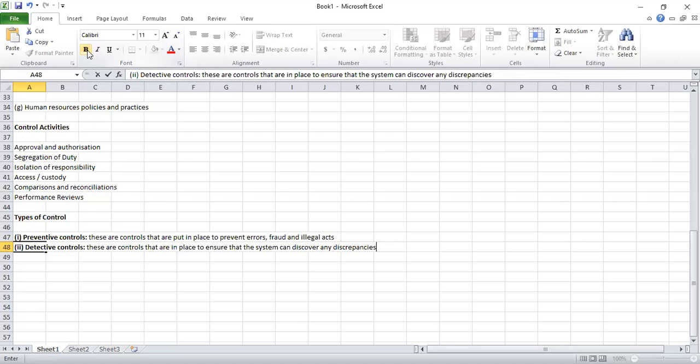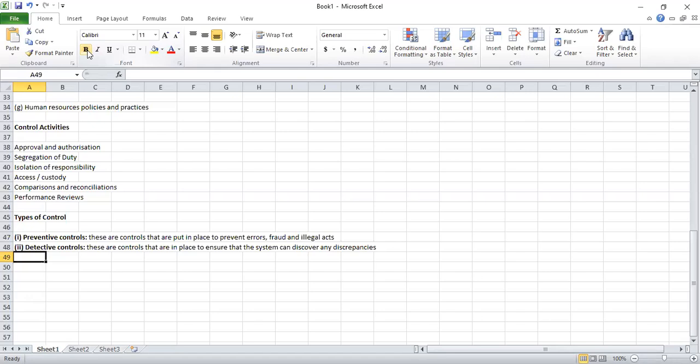Security can search and discover that an employee had stolen stuff from the warehouse. So you should be very careful that some controls can achieve both preventive and detective goals. We should see the context within which the control is being implemented to see whether it's a preventive or detective control.